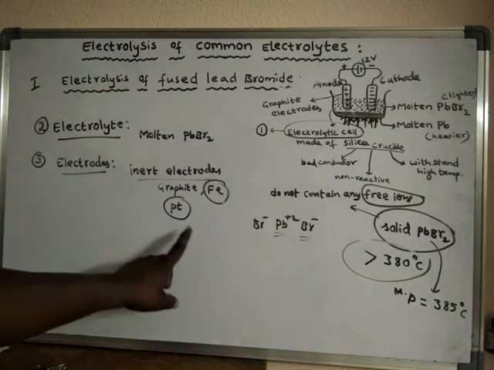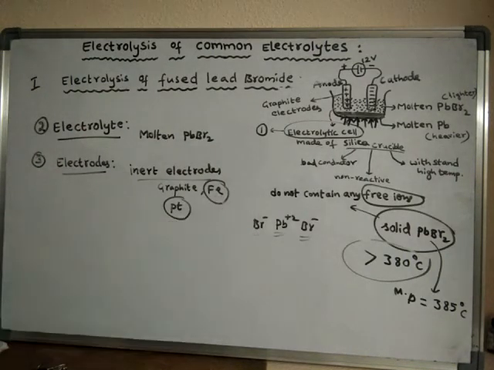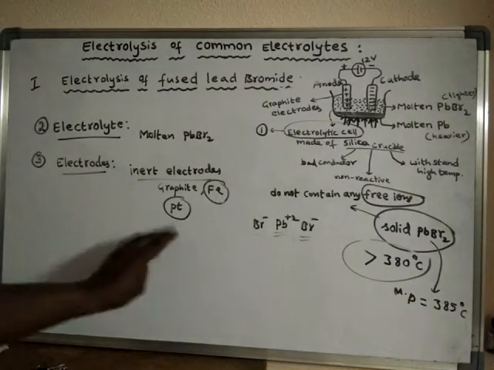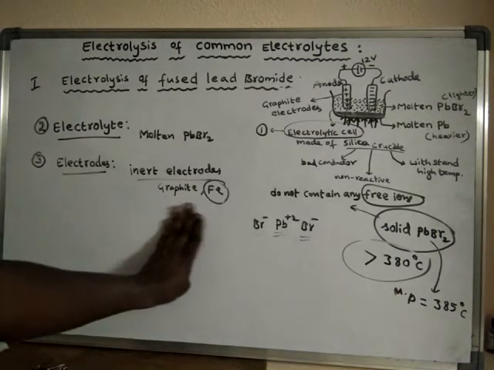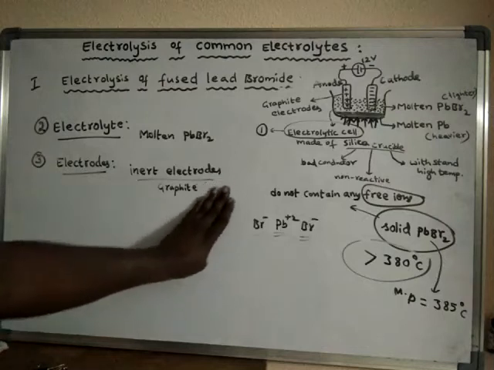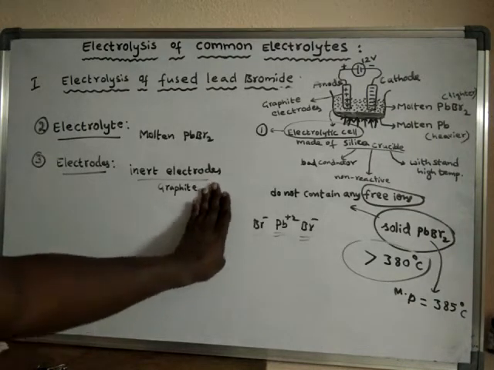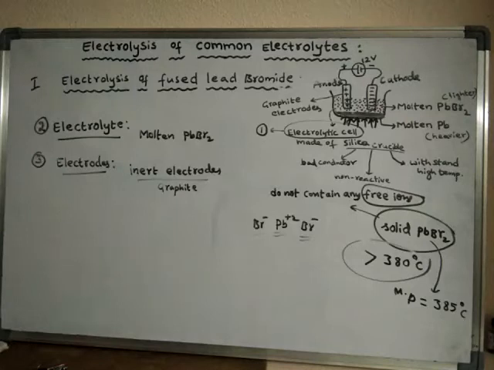That bromine will react with these electrodes. Hence we do not use platinum or iron electrodes. We simply use graphite electrodes, because graphite does not react with bromine.